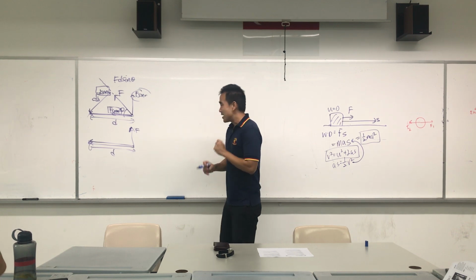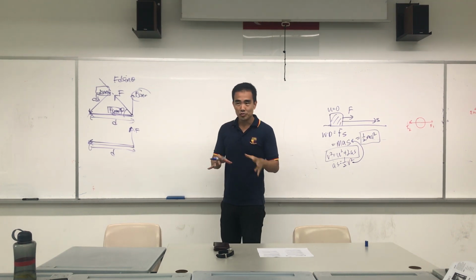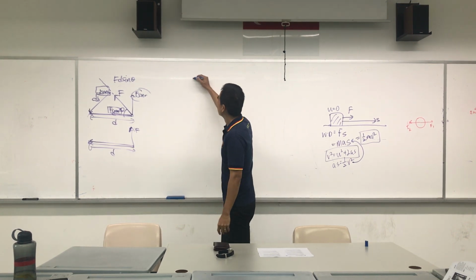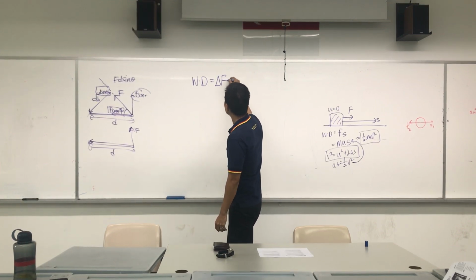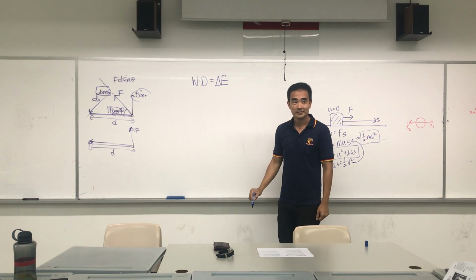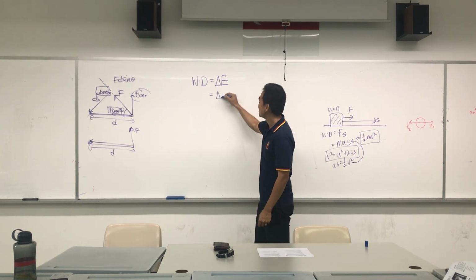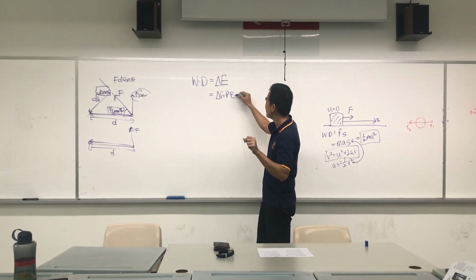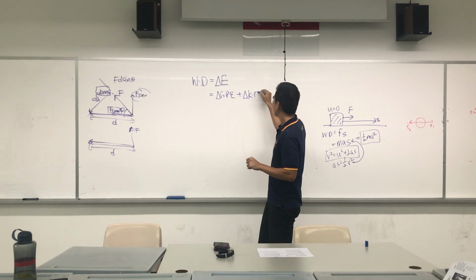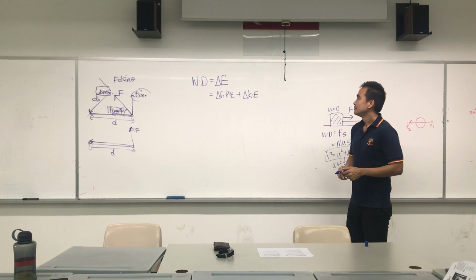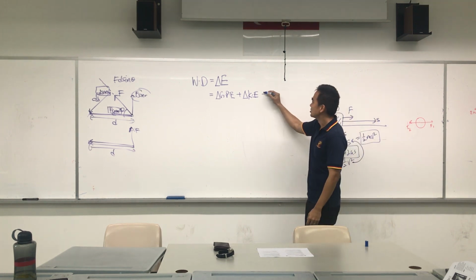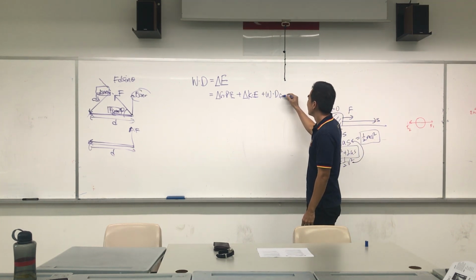Now I'm going to show you one very important idea in equation form. Any work that I do must result in a change in energy, which in your context means a change in GPE or change in KE. But I'm going to add in something else, which is work done against friction.